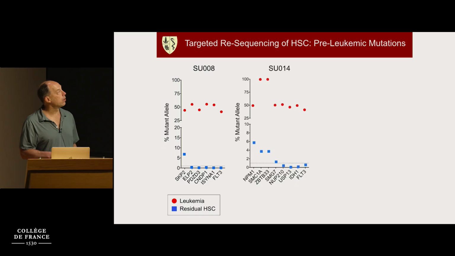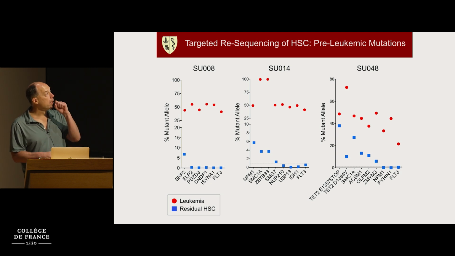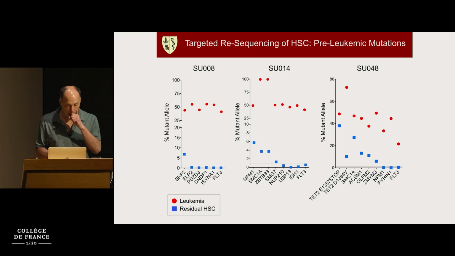And this was true no matter which patient we looked at. Each patient's tumor has different mutations, so the genes on this axis are different for each patient, but the principle is the same. You can see that the tumor has the mutations at a very high level because they're present in basically every cell, but some small fraction of these normal cells also have some of these mutations at different levels.